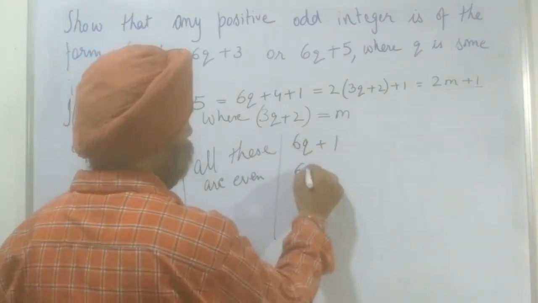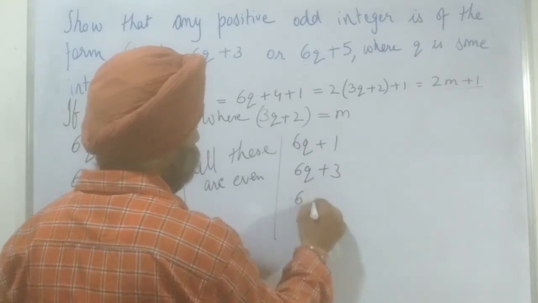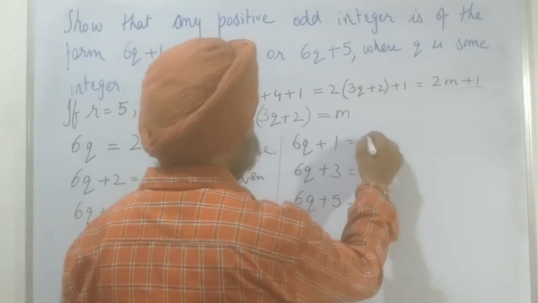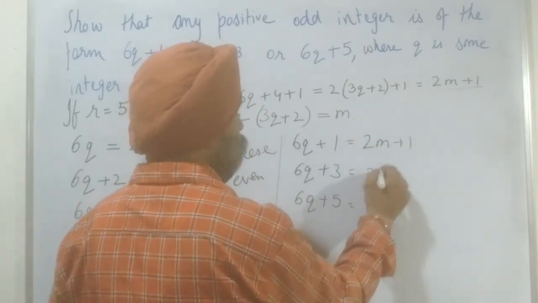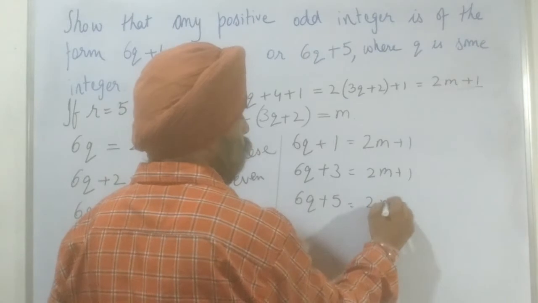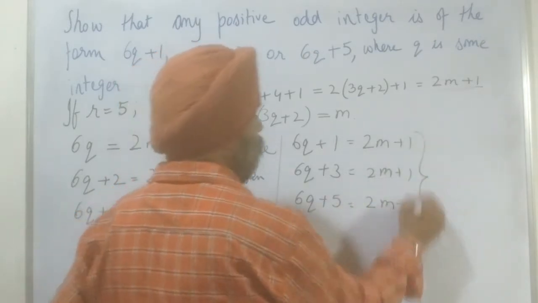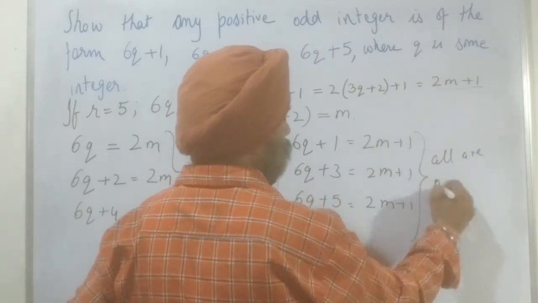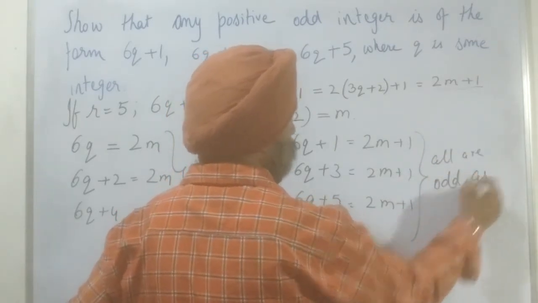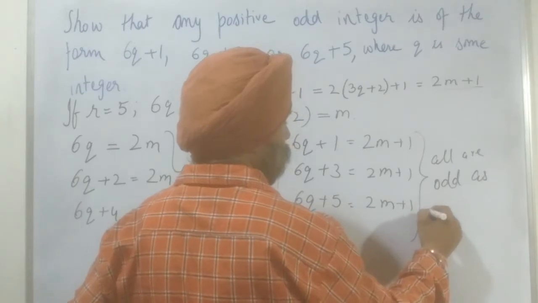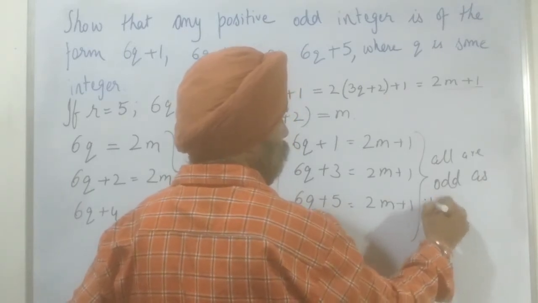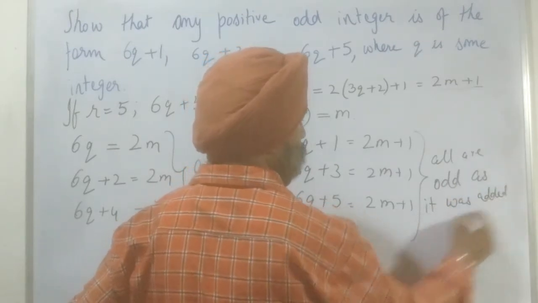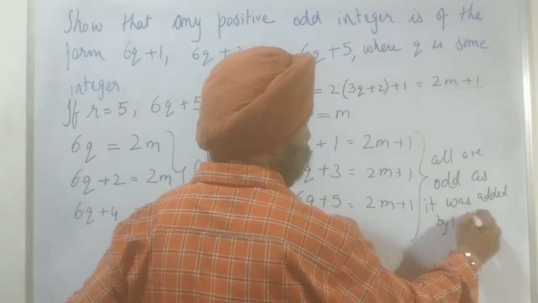Fine. Now on the other hand, what we got? We got 6q plus 1, 6q plus 3 and 6q plus 5, they were all of the form 2m plus 1, 2m plus 1, 2m plus 1, right? Okay, so all these were odd as it was added by 1 to an even number.